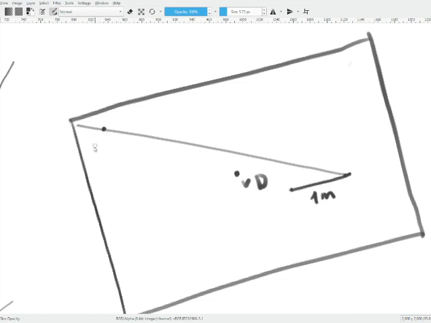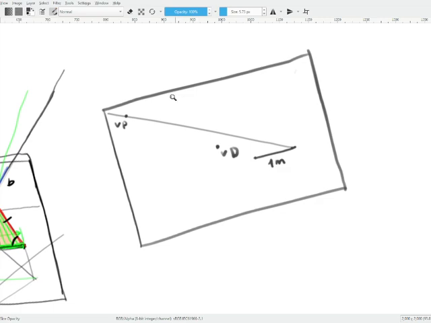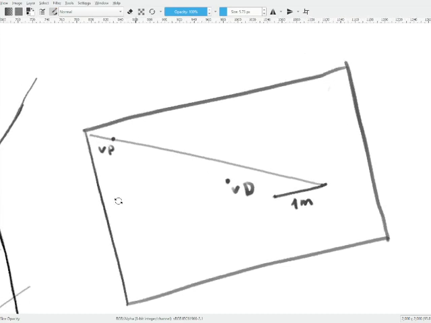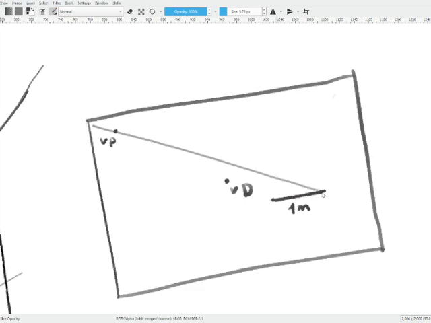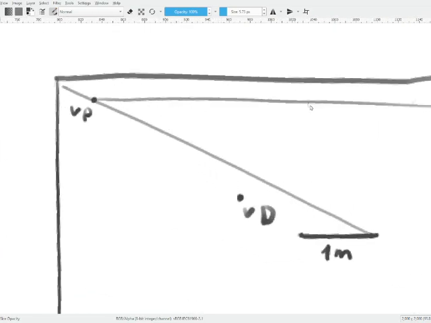There is some vanishing point. Now we can draw the horizon line parallel to this selected distance, and use this horizon line to draw a station point relative to it.